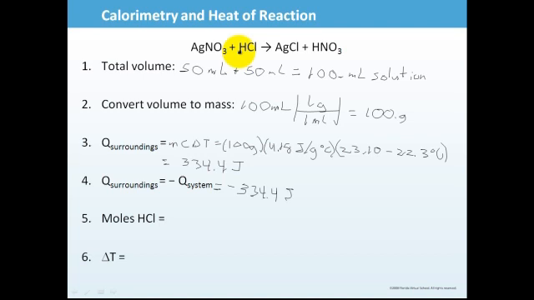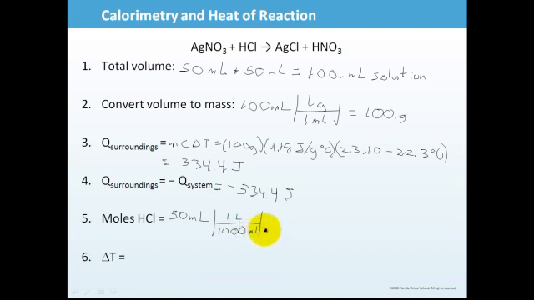So we were told that we have 50 milliliters of the HCl when we started. Now we're going to have to first get that into liters, and the reason for that is, remember, our concentration, molarity, is moles per liter. If we go back to our metric system, we remember there's 1,000 milliliters in a liter.